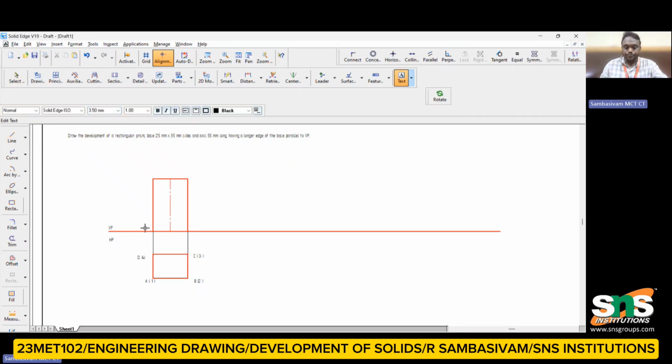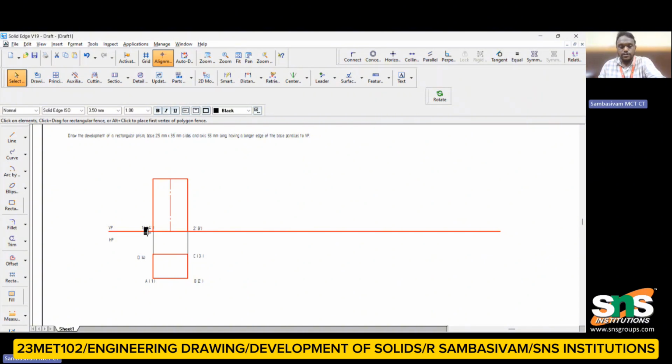Similarly, I have to mark this. This will be your 1 dash, and this will be your 2 dash. In bracket we cannot see 3, so it will be 3 dash, and here it will be 4 dash. I have to mention it like this.